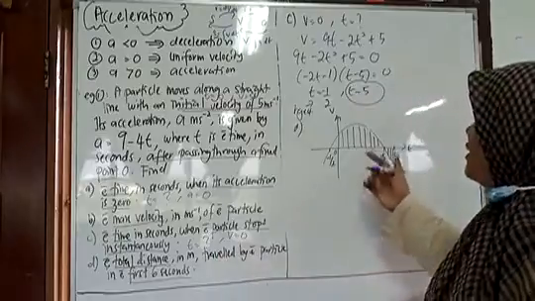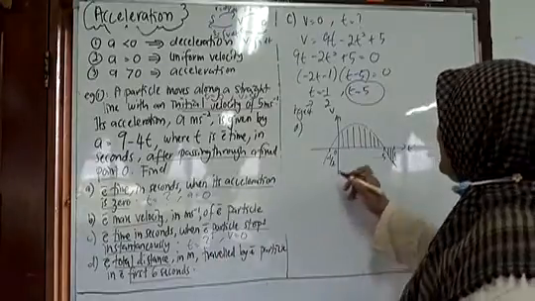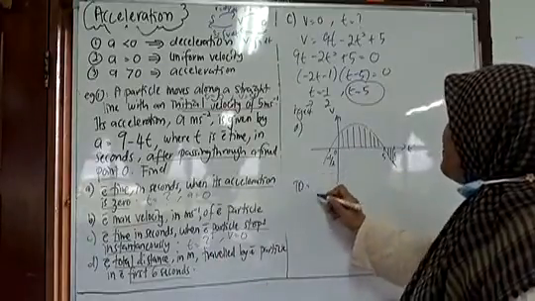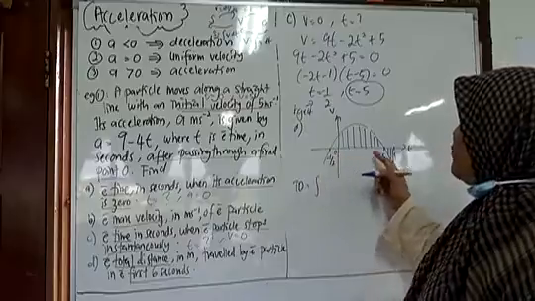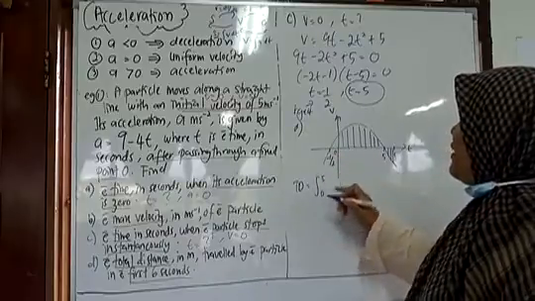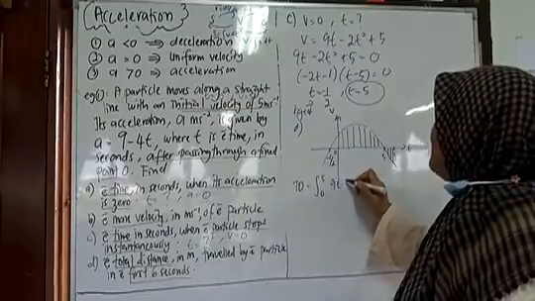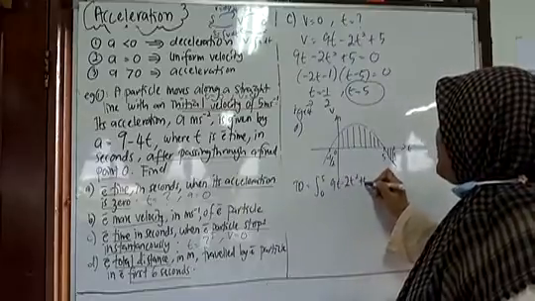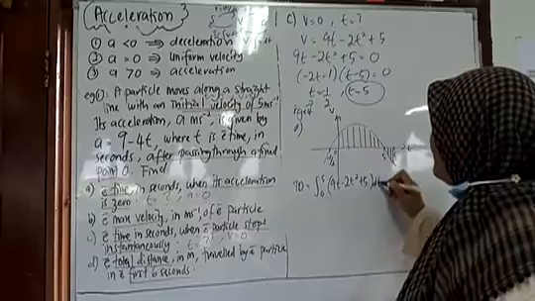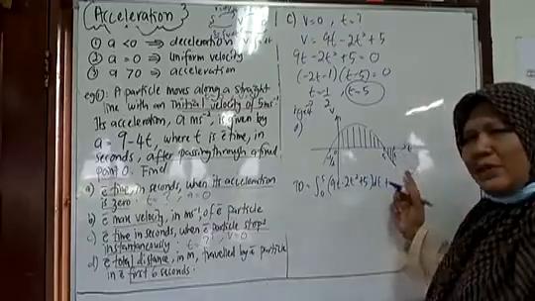So from here, our total distance is from 0 to 5, integrate v, so integrate 9t minus 2t squared plus 5, plus from 5 to 6.